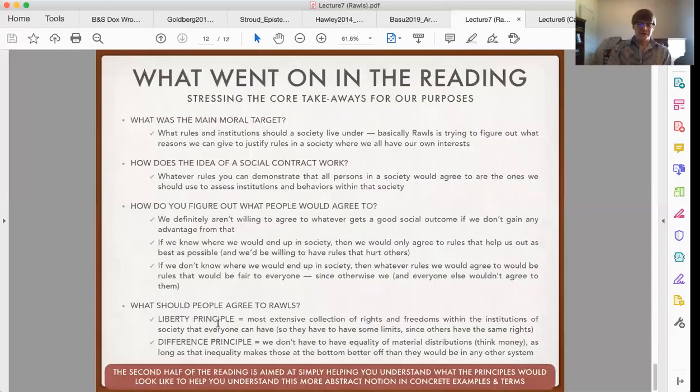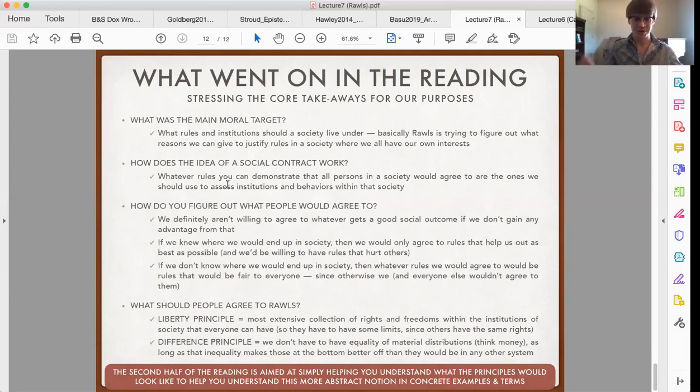Yeah, so here is this really helpful summary of the reading, right? The idea is that we're looking at what's the central question, right? What's the target of this reading? That's the first part of the article. And then he goes over how a social contract works, and then how we figure out what people would agree to, and that's all that stuff about the original position and the veil of ignorance.